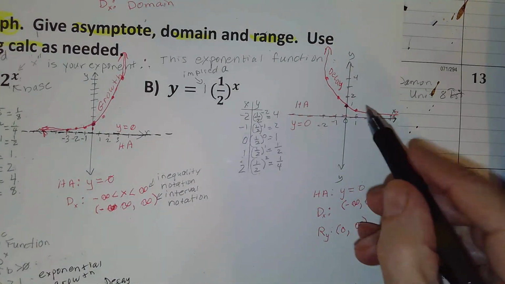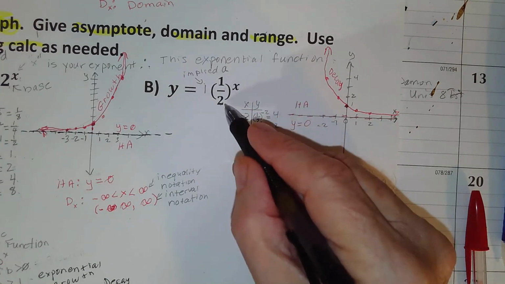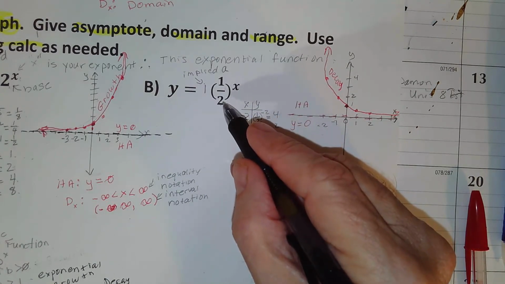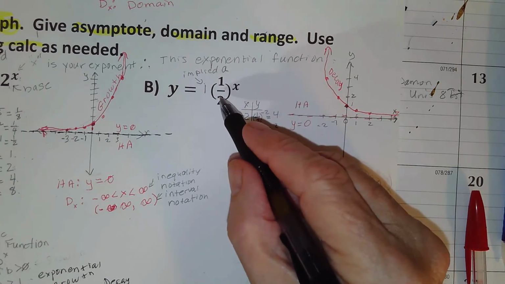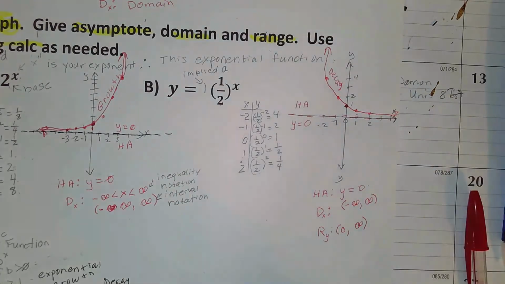So you see this b here, this b is 1/2. That's less than 1, 0 is less than b, but b is less than 1. So that's this decay thing, okay? All right.